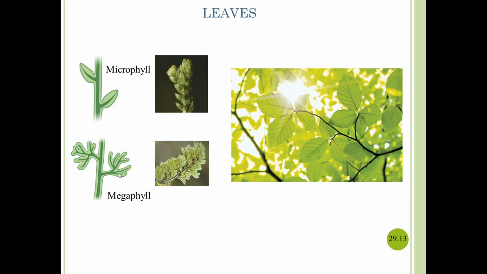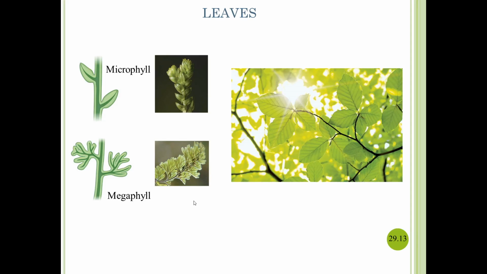So lots of different kind of finger legs, if you will, coming off of here and then into these little folds and different areas of the megaphyll. This right here is going to increase surface area. So we have a much more efficient system, allowing for the movement of water and mineral nutrients to be much more efficient than this would be over here. Okay, so those are your leaves.